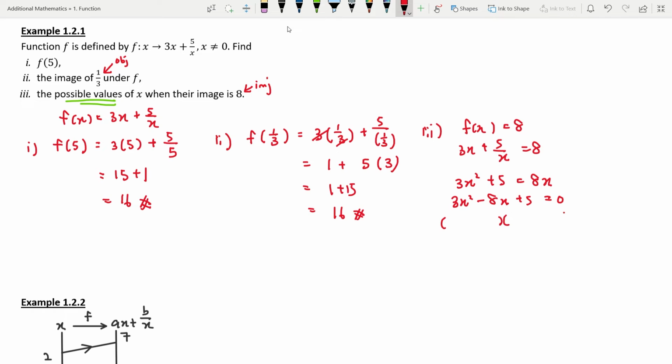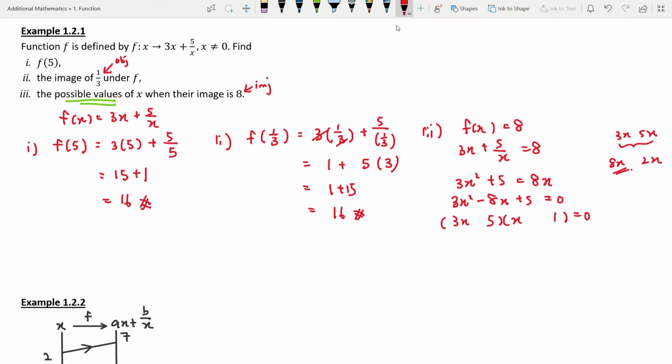Then we start to factorize them. 3x squared can be separated into 3x and x. 5 can be separated into 1 and 5. If we put a 5 here and a 1 here, we will get a 3x and a 5x. For 3x and 5x, we can either get 8x or 2x. This is what we need.